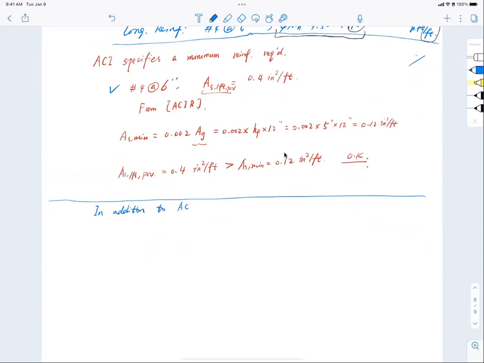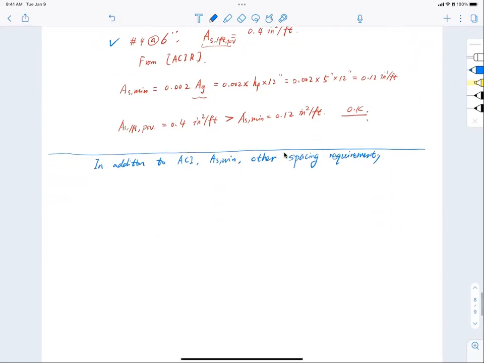In addition to the ACI minimum reinforcement requirement, there are also other spacing requirements provided in ACI, okay? Don't worry, at the end of the example, I'll list a table to help you understand this. But as we're solving the problem right now, let's check this minimum reinforcement and also the spacing requirement.